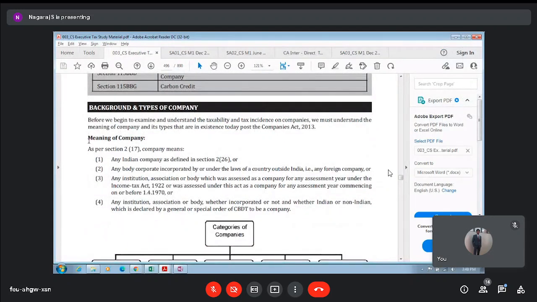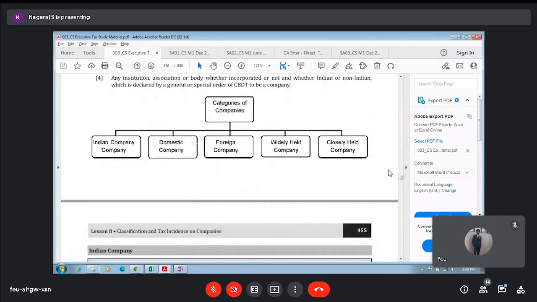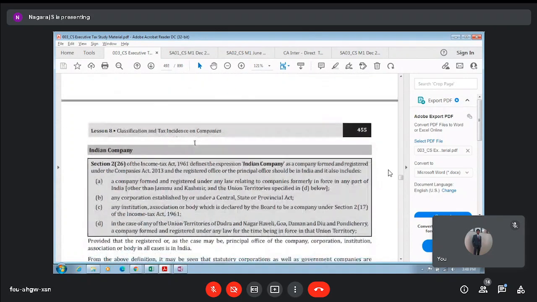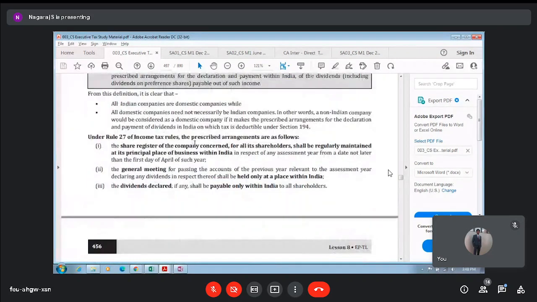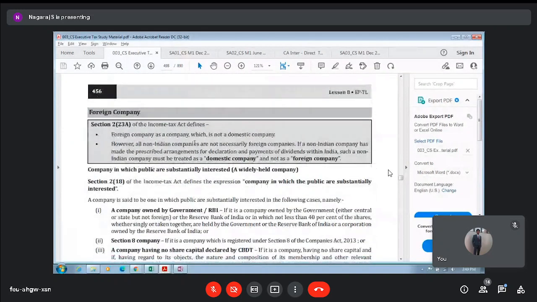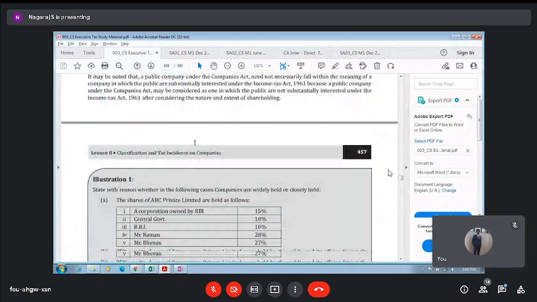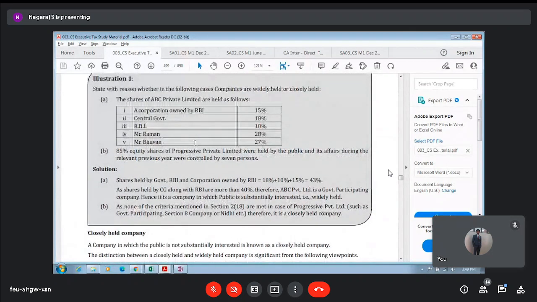It is applicable to all companies. Whether Indian company, domestic company, Indian company means domestic company only. For all companies, it is applicable. Second thing, what is the rate of tax? MAT rate is what? 15%.